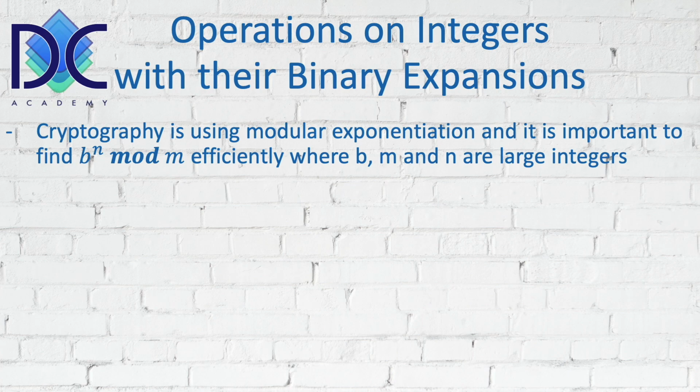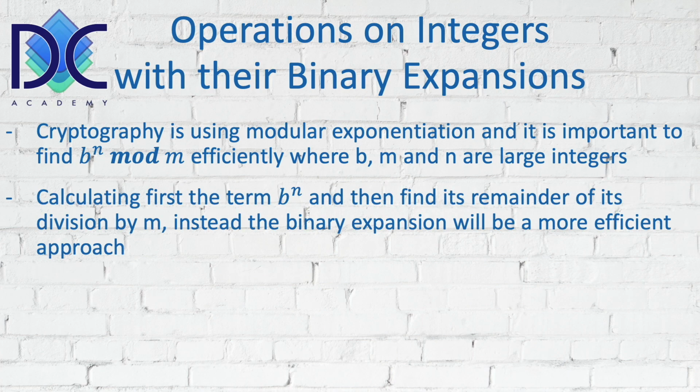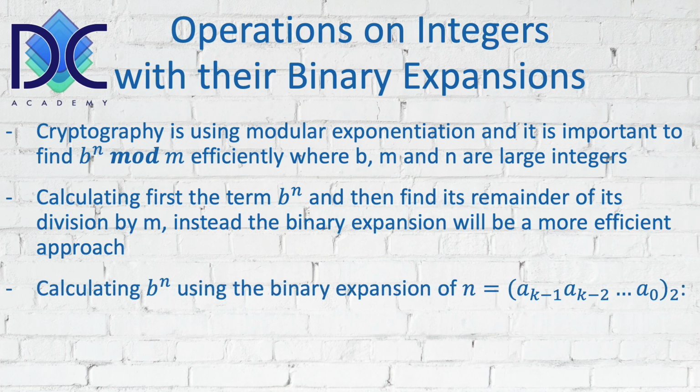So basically, we need that calculation. The naive way is to calculate b to the power n first, and then find the remainder of its division by m. Now, the binary expansion will be a more efficient approach to do this operation.